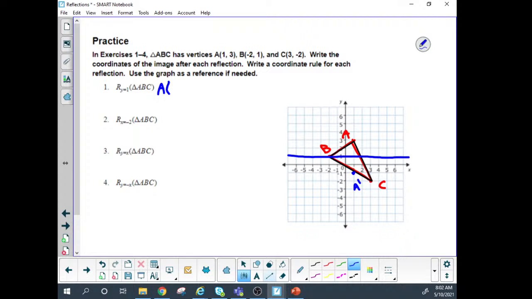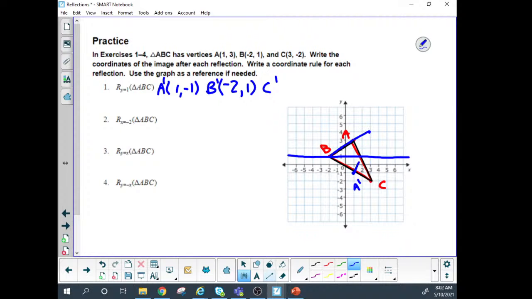A prime, 1, negative 1. B stays where it is, since we're reflecting across the line y equals 1. And C, the prime notation on all that. C prime. Okay, C is 3 units away. It's going to be 3 units away on the other side.